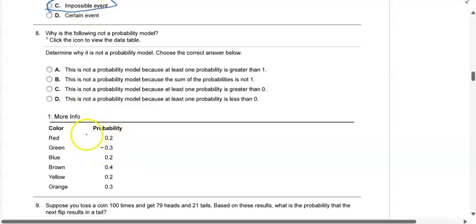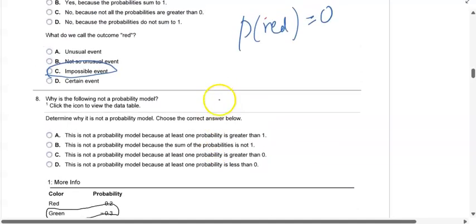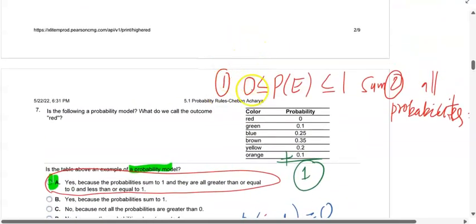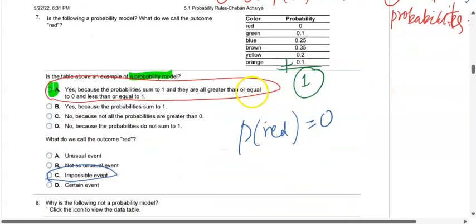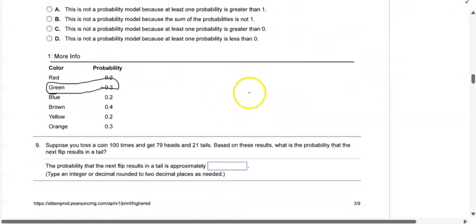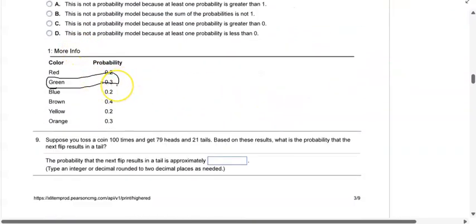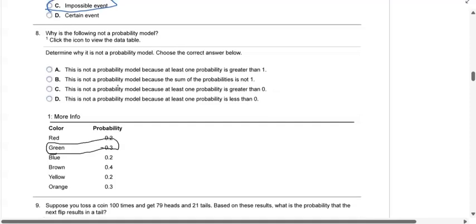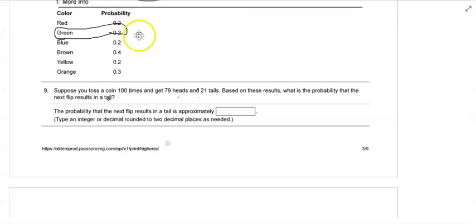Probability cannot be negative, therefore it's not a probability model. Notice that for a probability model, probability must be greater than or equal to 0. But negative 0.3 is less than 0, therefore this is not a probability model. The answer is D, because at least one probability is less than 0, which is the probability of the green.